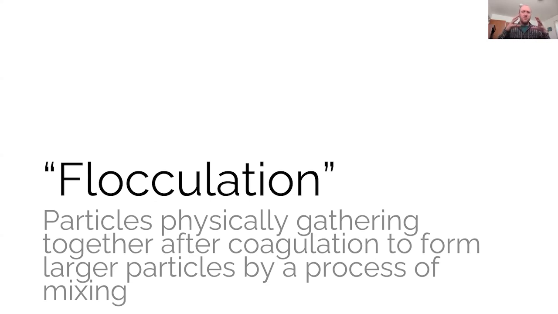And the bigger those chunks are, the quicker they fall, because just like if you're swimming in a swimming pool, you may be more dense than water, but you're not going to fall that quickly because water is viscous. But if you have a bigger and bigger mass, you drop out quicker. So that's the idea of flocculation: bigger particles drop out quicker.